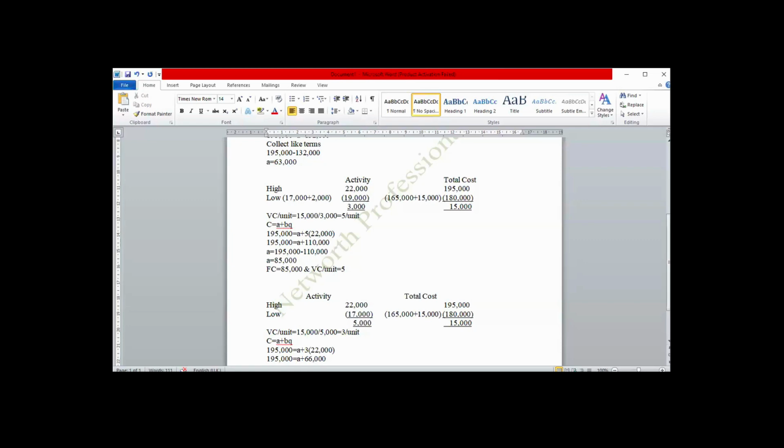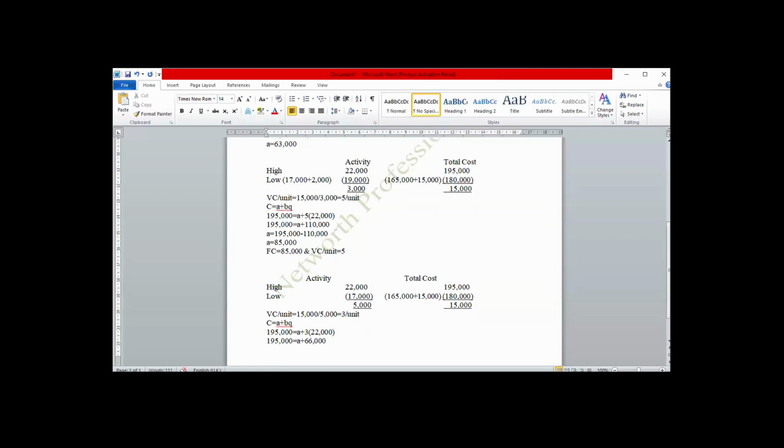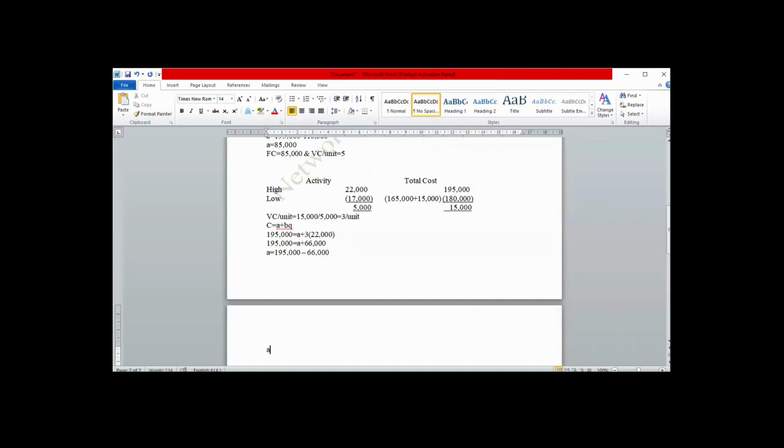Which is equal to what? A is equal to 195,000 minus 66,000. What do we have? 129,000.